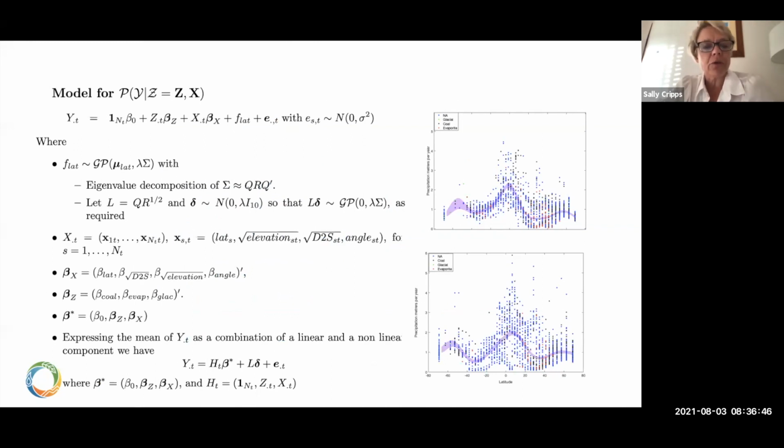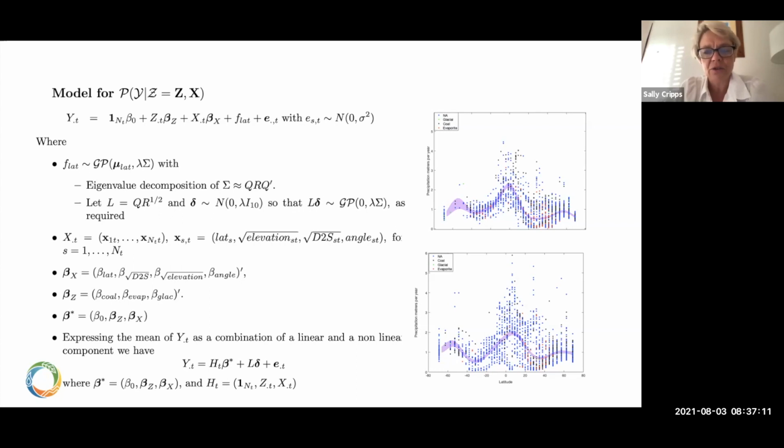So the conditional model looks at the predictive distribution of precipitation conditional on those deposits and the other covariate values contained in X. We've modeled that as a linear combination of those things, with the exception of the impact that latitude has on rainfall or precipitation.